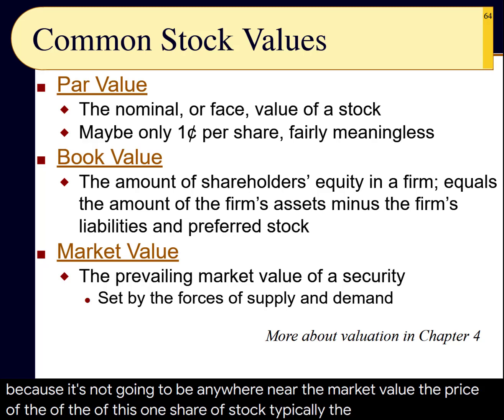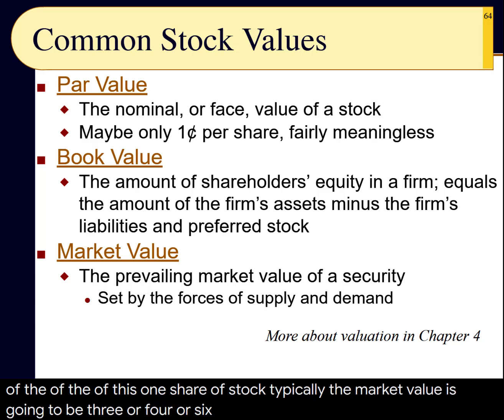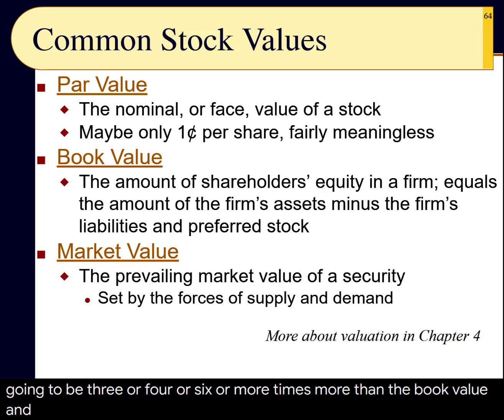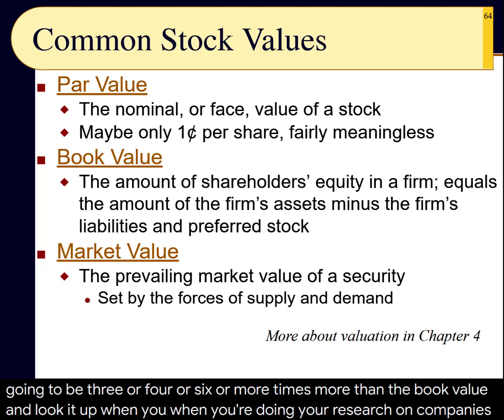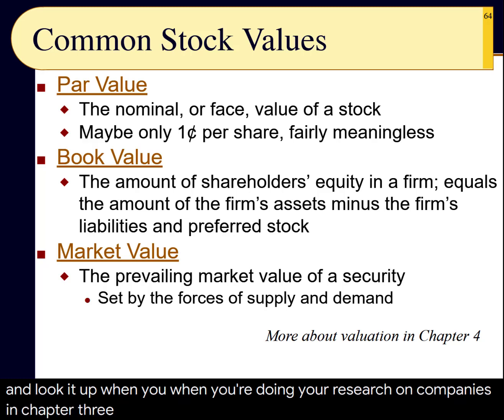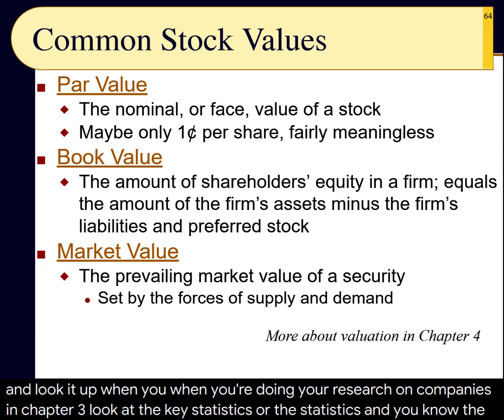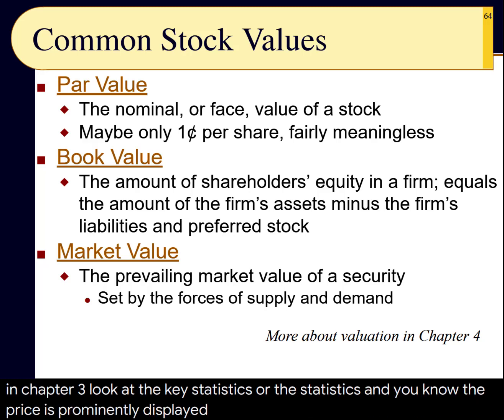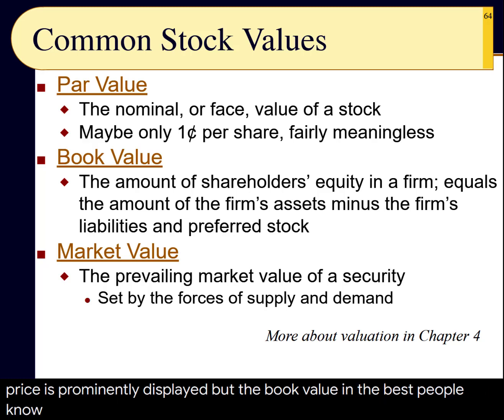Typically, the market value is going to be 3 or 4 or 6 or more times more than the book value. Look it up when you're doing your research on companies in Chapter 3. Look at the key statistics, and the price is prominently displayed, but the book value, most people are not interested in it, so they stick it on that statistics page.